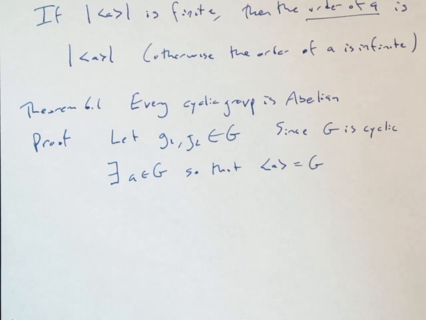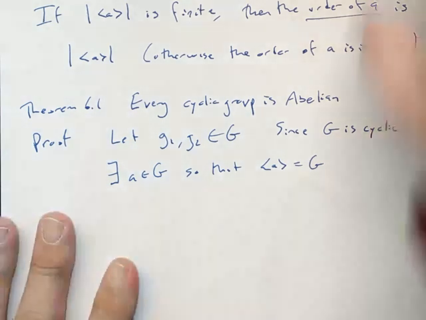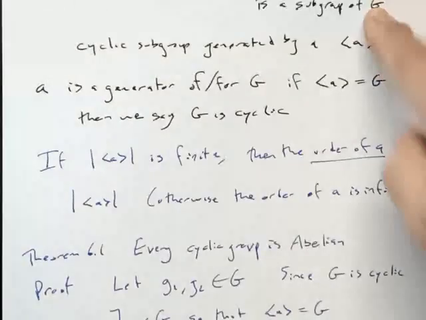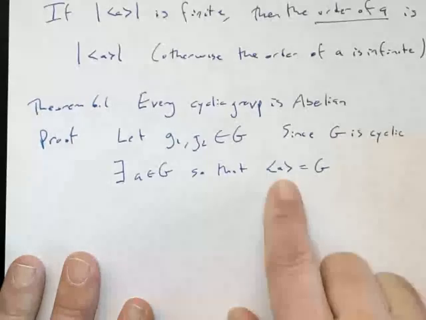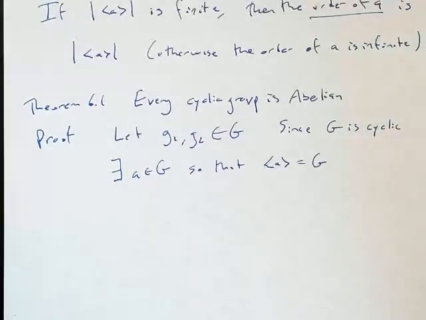But I don't know if it only happens twice, right? But it's got to happen eventually because I build all the powers of A this way. So eventually, as I do all these powers, somewhere along the line I hit G1, and somewhere else along the line I have to hit G2. I don't know where. I don't know when.